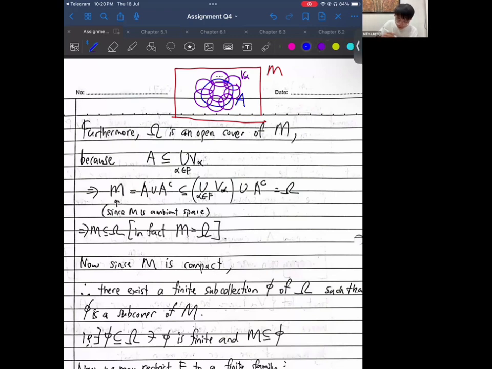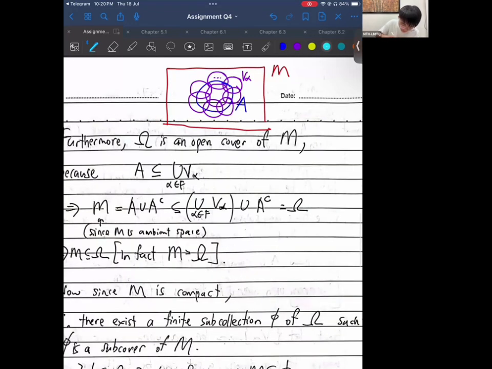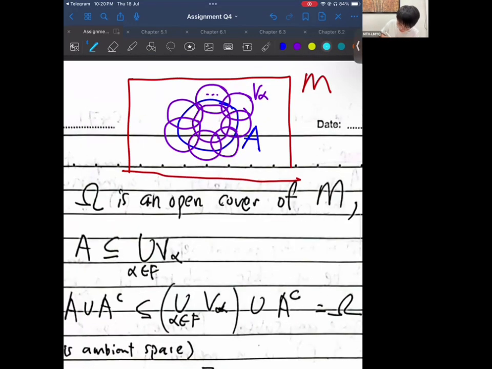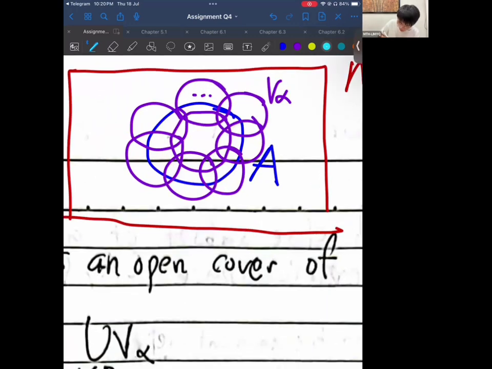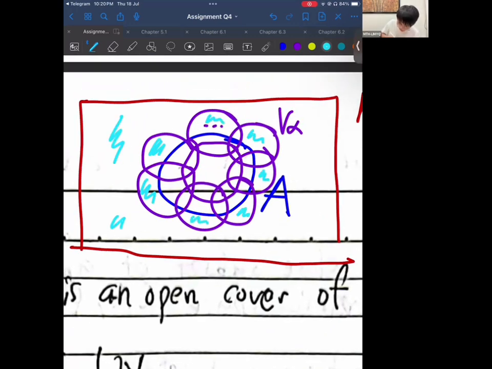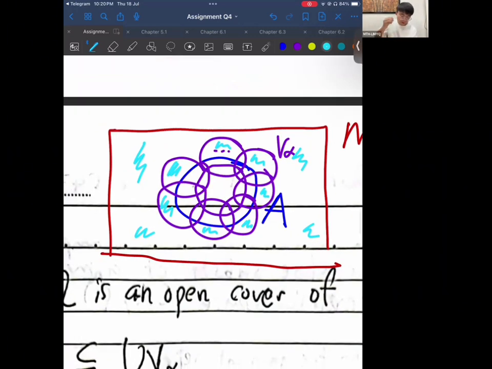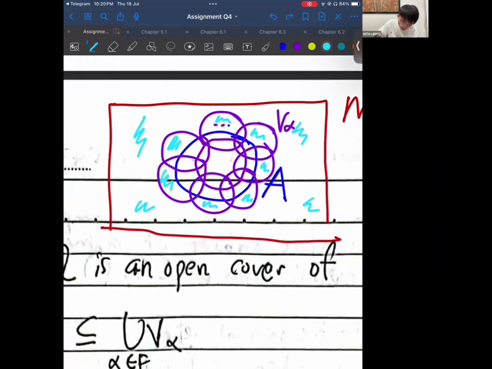Now A complement is everything outside of A, so I color it like this. This, including outside, is the A complement.